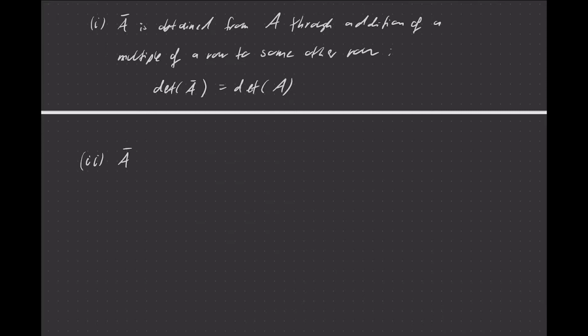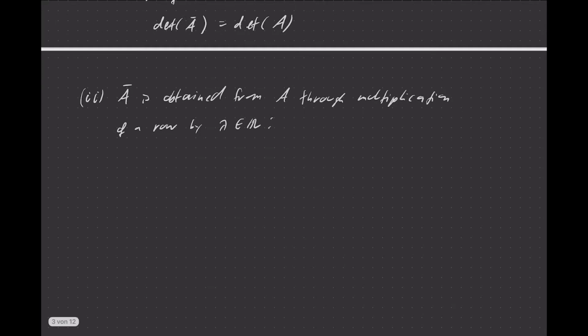So the statement here is, if A bar is obtained from A through multiplication of a row by some lambda in R, then the determinant of the new matrix A bar is lambda times the determinant of the old matrix. So the determinant is also multiplied by lambda.